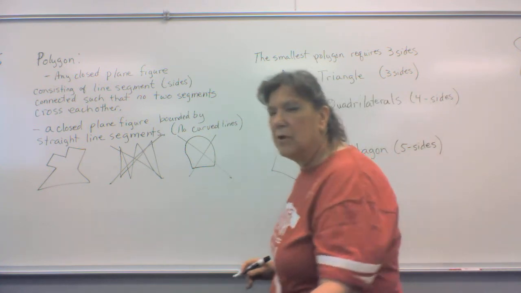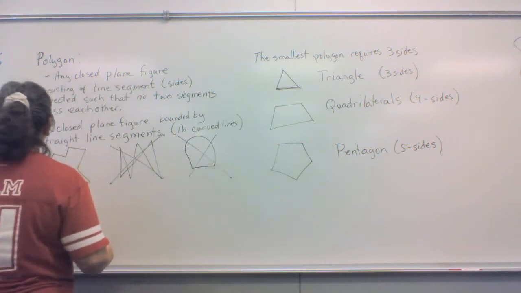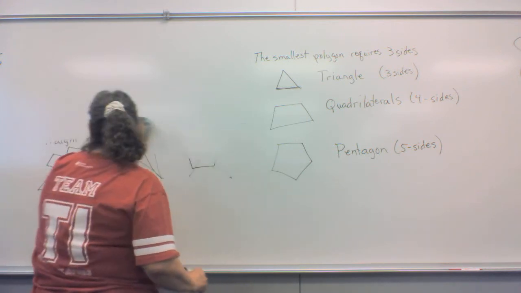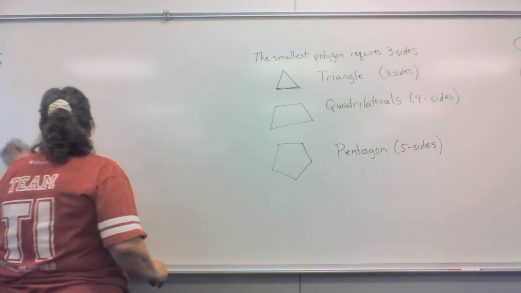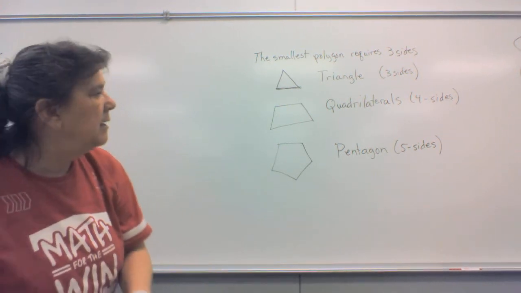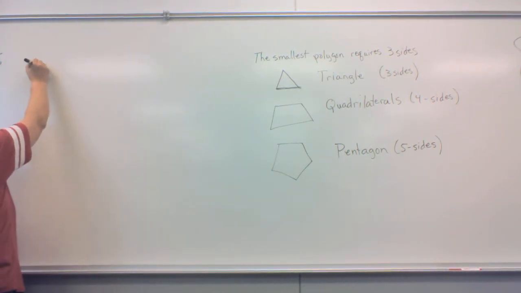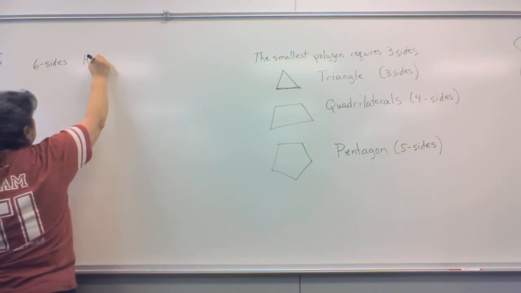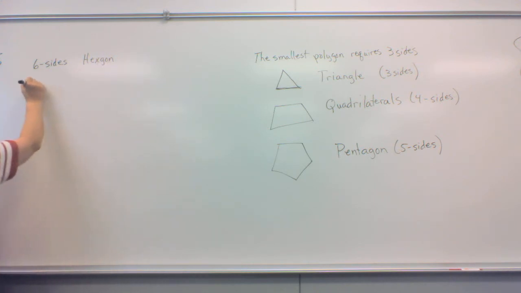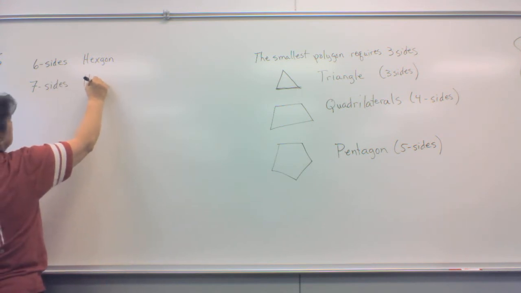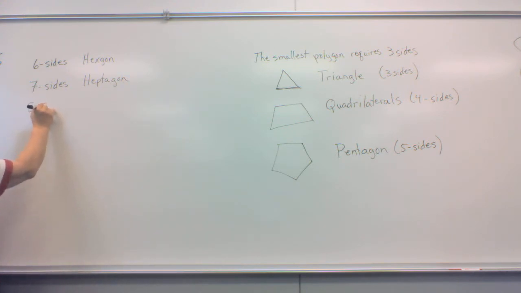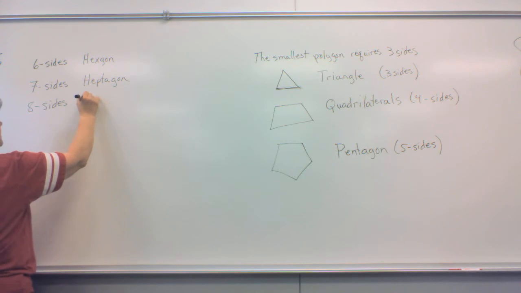Okay, let's look at a few more names for these multi-sided figures. A figure with 6 sides has the name of a hexagon. 7 sides is called a heptagon. 8 sides is an octagon.